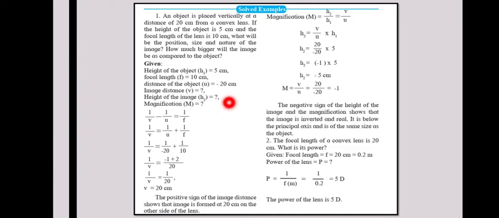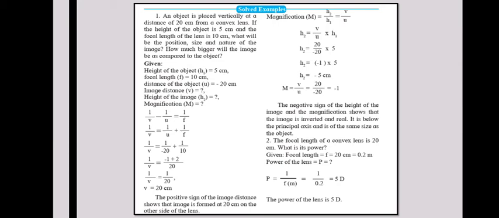Now you know h2 also, and you know v also. Correct? So let us see what we can conclude from here. The negative sign of the height of the image and the magnification shows that the image is inverted and real. Why inverted? Because now it is forming below the principal axis. Then only it is negative.